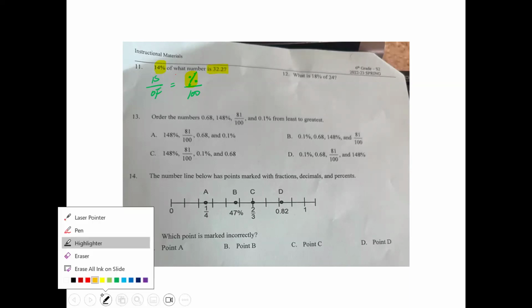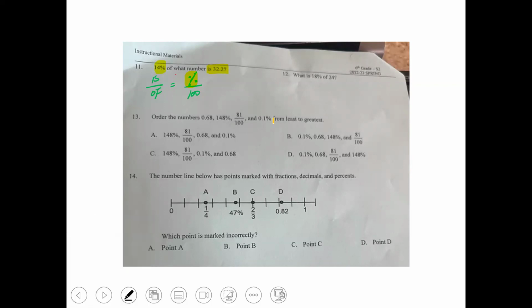Where do you put the 32.2? Is 32.2, so where do you put it? Is 32.2. The key word here is right there where it says is.